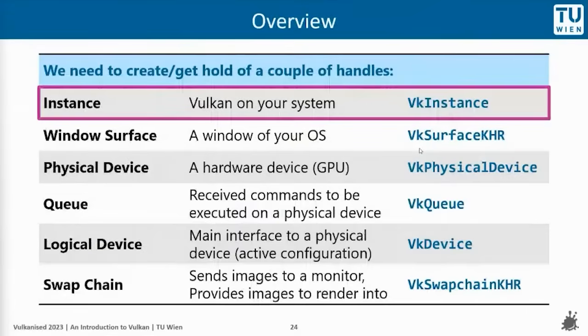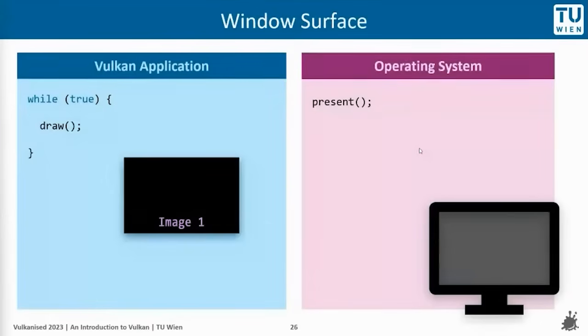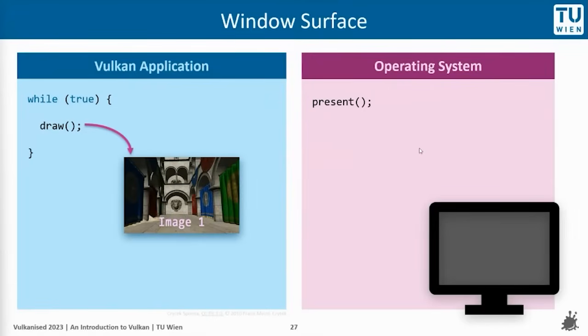Move on to the next important handle, which is the Windows surface. The Windows surface is a connection to your operating system. So what we will be doing is we are using our Vulkan application, and our Vulkan application renders the result into an image.